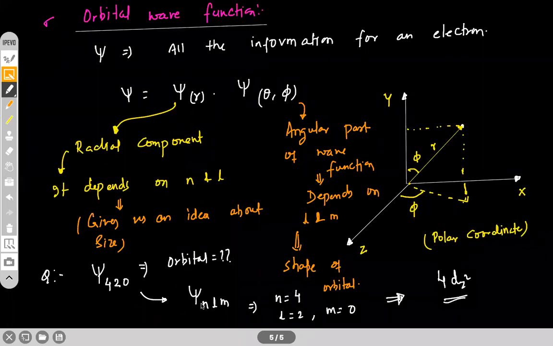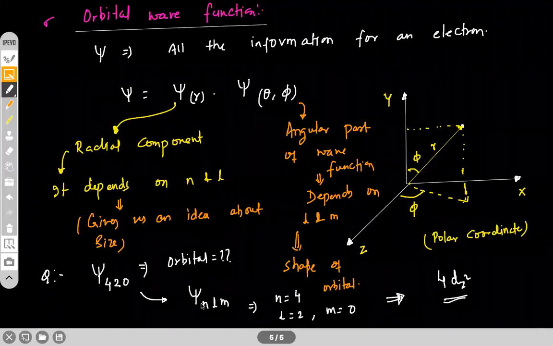Why not dz square? Could you tell me what L is equal to 0 signifies, and what L is equal to 2 signifies? If L is equal to 2, it is the d subshell, so M value could be anything from -2 to +2.